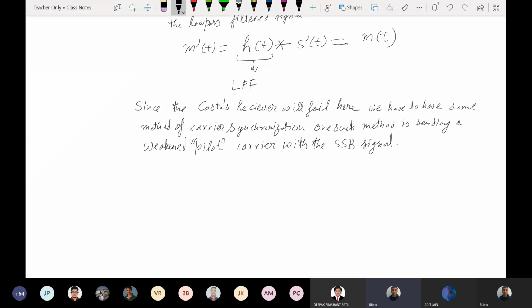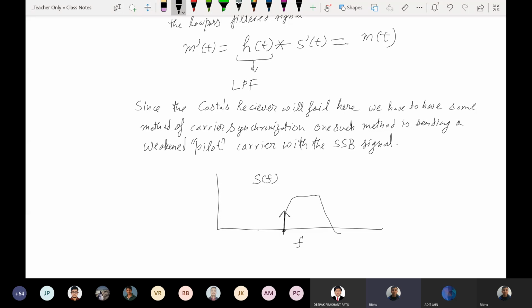So what is this pilot carrier? You again add the carrier, but now the SSB signal doesn't form the envelope of that signal. S of f would look somewhat like this. So there's an impulse, a single frequency sinusoid embedded with the signal to provide synchronization.